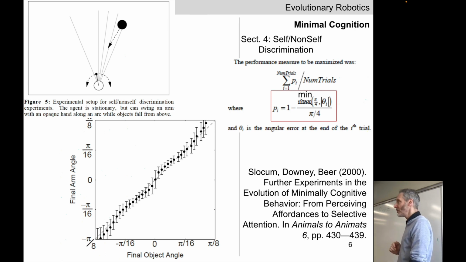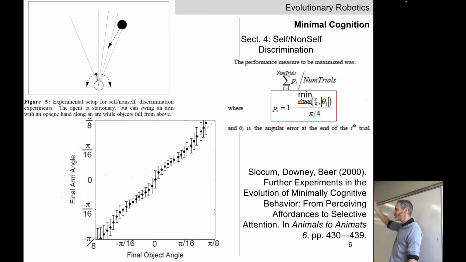Here's a minimal robot that evolves the ability to distinguish between self and non-self. In this case, we're going to glue the robot to the bottom center of the screen. We're going to give it an arm and a hand, and it can wave that arm or rotate that arm above itself. And we're going to drop, in this case, a single object at the top of the screen.